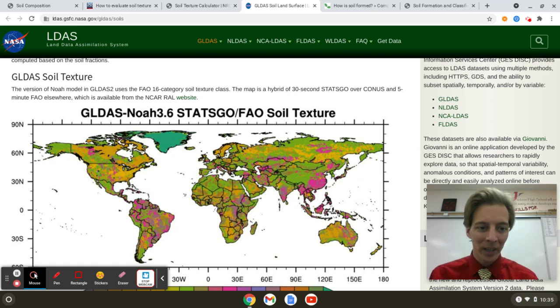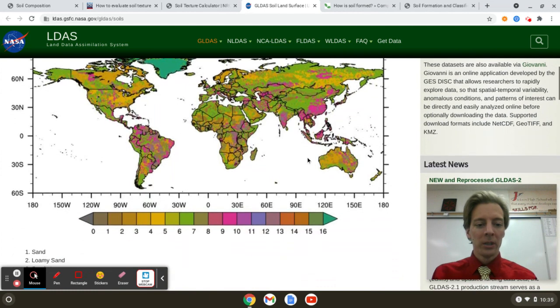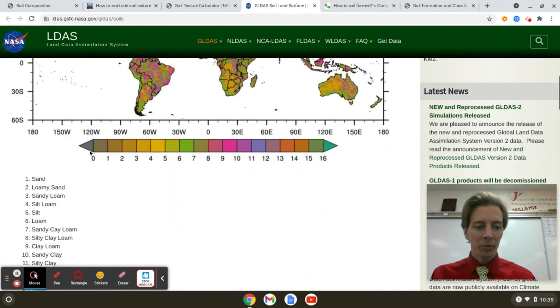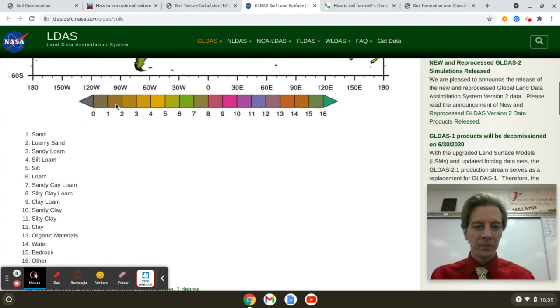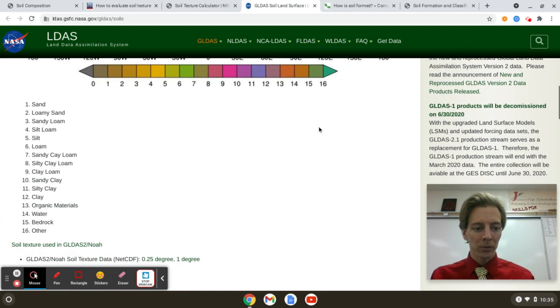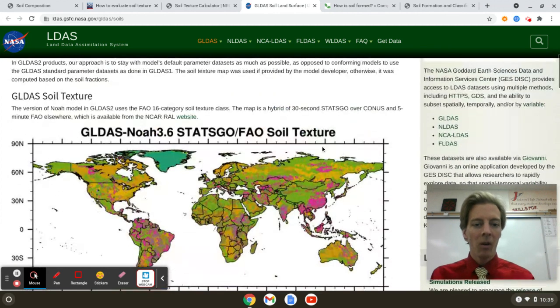It's much more detailed like this. This is a global picture, right? You can zoom in, and even across one farm, you'll have different soil types from one end to the other over just those few acres. So this is broad pictures. But if sand is down here in the ones and loamy sand, and you move through, you come back around to bedrock, and you've got some other out here, all of this.